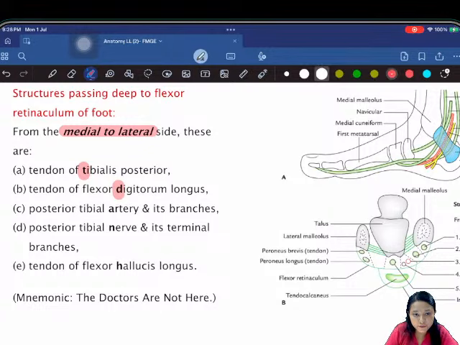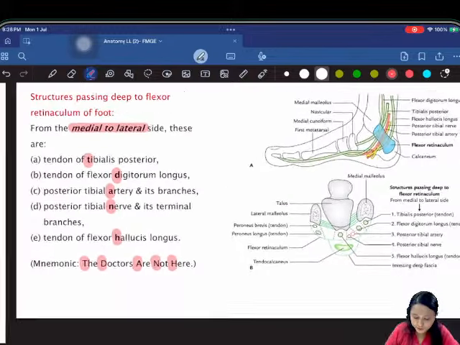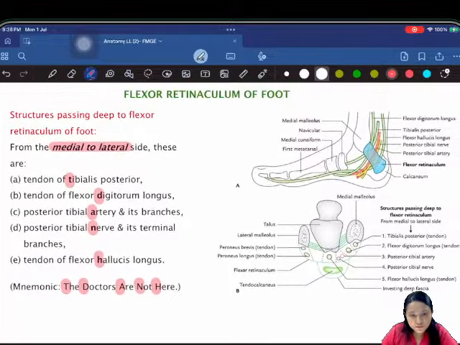This is flexor, mind you, not extensor, because it is in the flexor compartment. Then you have the artery, posterior tibial artery. Then you will have the posterior tibial nerve and its terminal branches, and then you will have the tendon of the flexor hallucis longus. So here the mnemonic is Tom, Dick, And Nervous Harry, or rather: the doctors are not here.